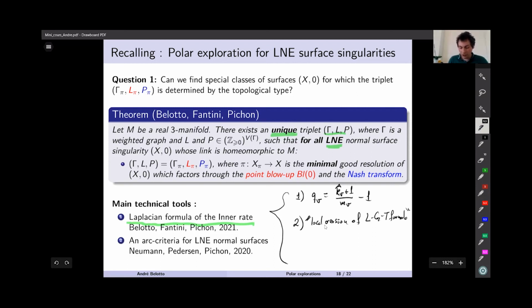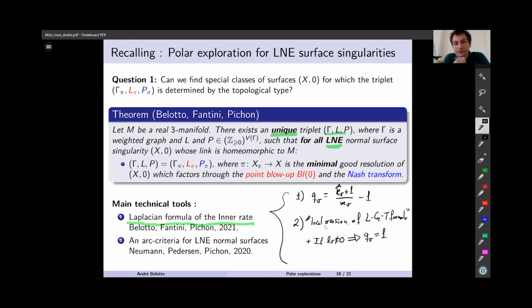So it gives you a local version of it, which you can combine with an observation, which is: if LV is different from 0, then the inner rate is equal to 1. So combined with these two things and thinking of this as a way to bound the number PV in a better way, you can see that you can get much better bounds here.